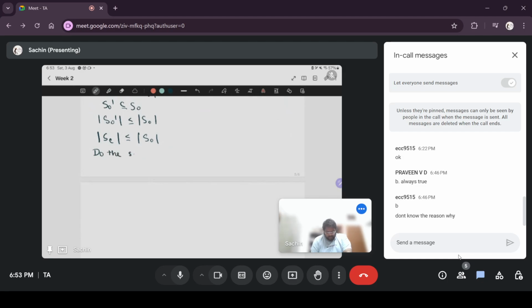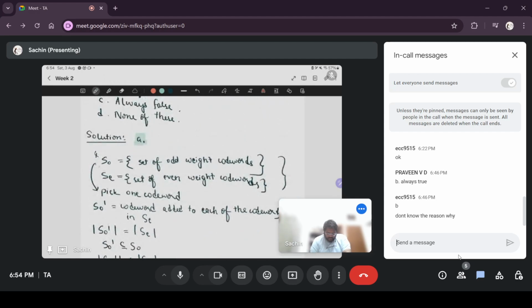Now you do the same thing by picking an odd weight code word and adding it to each code word in the odd set itself.